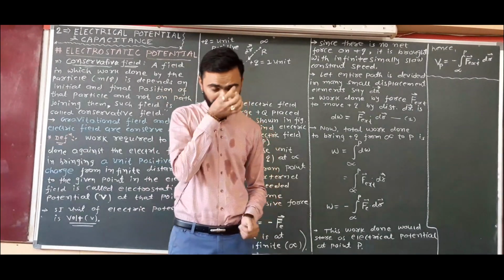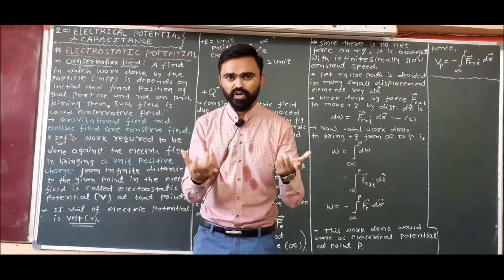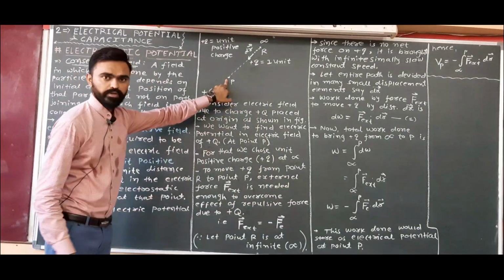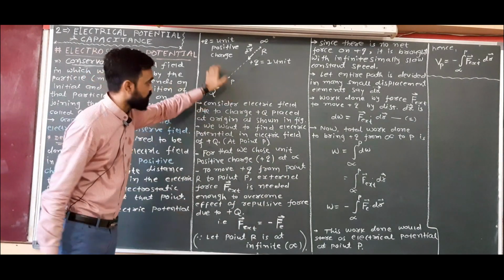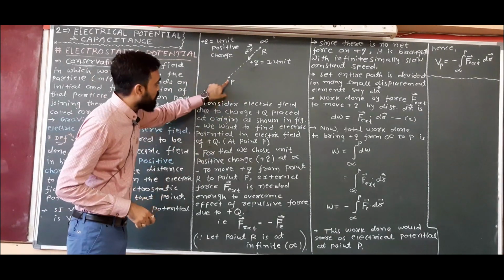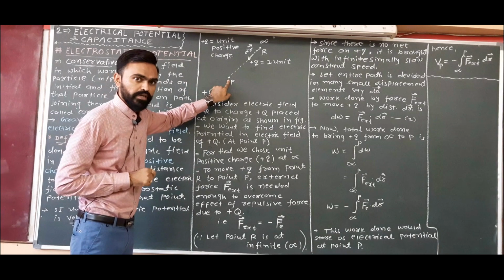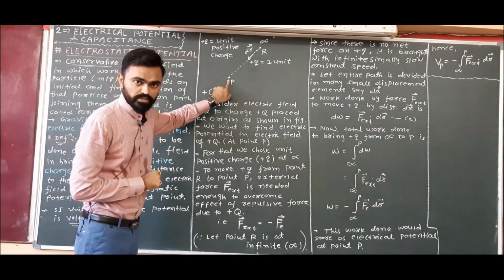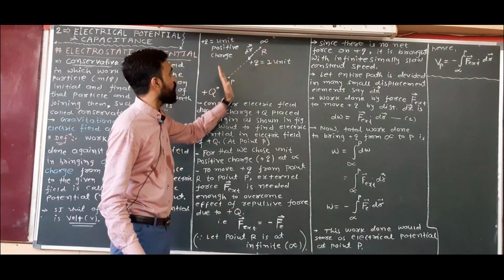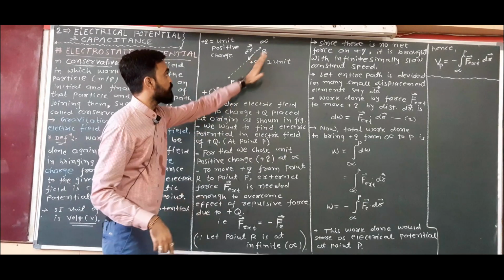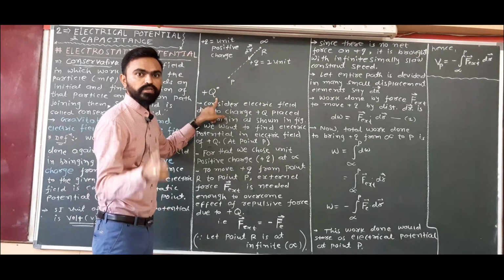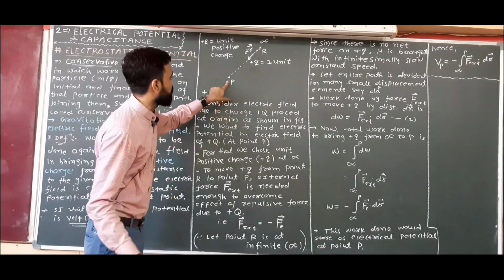Okay. Now, let me revise it in a broad view. We have to find the electrical potential at this point. You can find the electrical potential anywhere in the electrical field of the charge Q, got it? So let me choose a simple point P. What is the electrical potential of this point? We have to find that. So we take one unit positive charge, we bring this unit positive charge from infinity to point P. Whatever work is done by the charge q against the electrical force of the source charge is called the electrical potential, but where, at this point P. You getting my point?